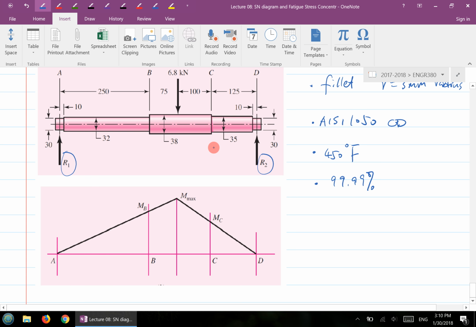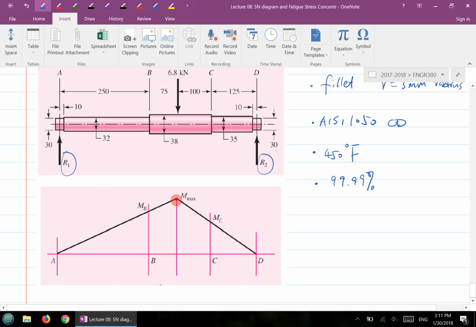Other locations have no meaning anymore, right? So if you take a look at this bending moment diagram, obviously it's maximum not at a center location, but at the location where the F force is applied.